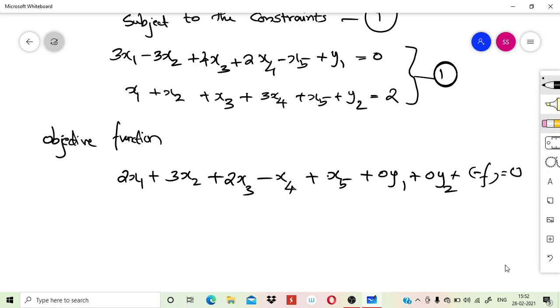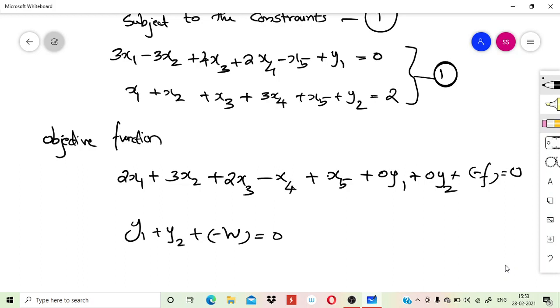And we have our newly defined objective function for phase 1. We have y1 plus y2 plus minus w equal to 0.